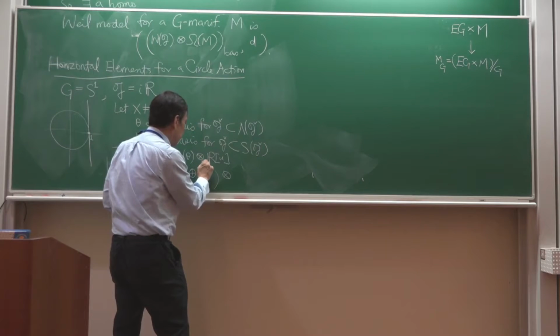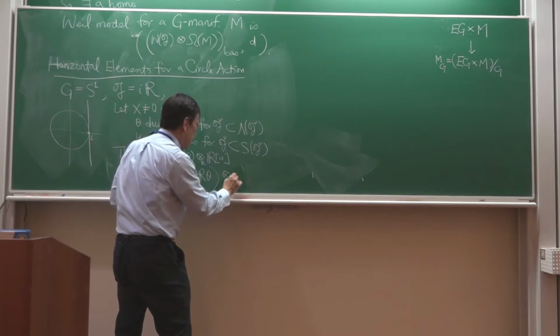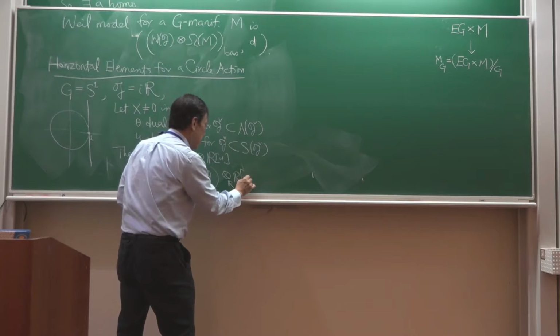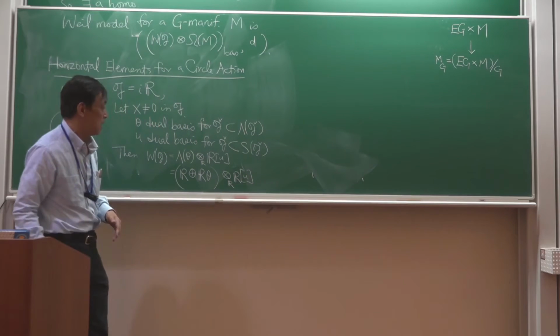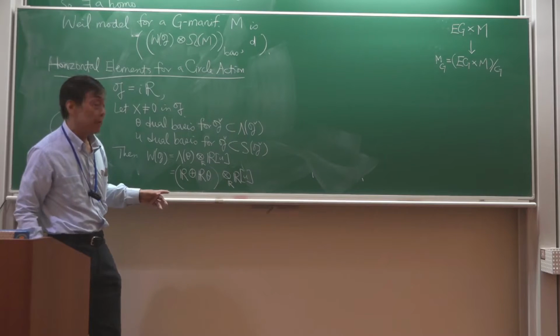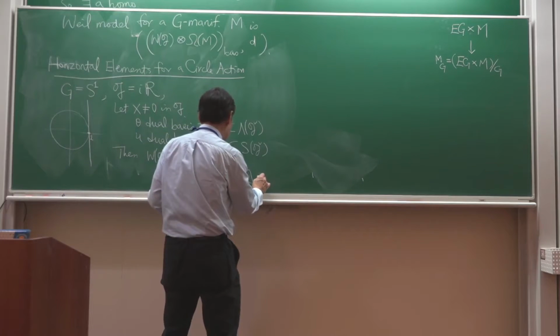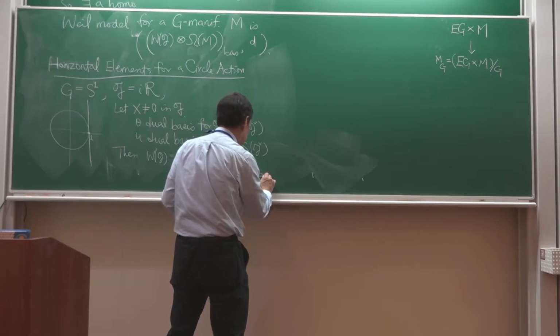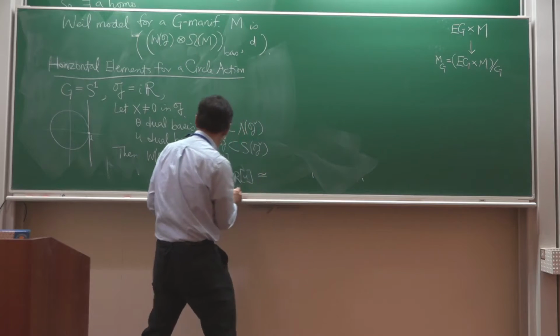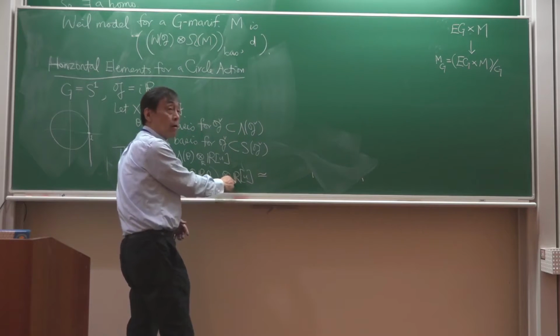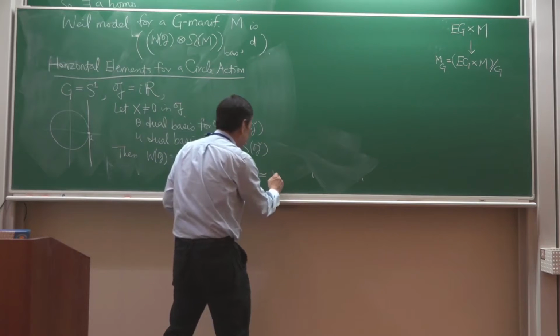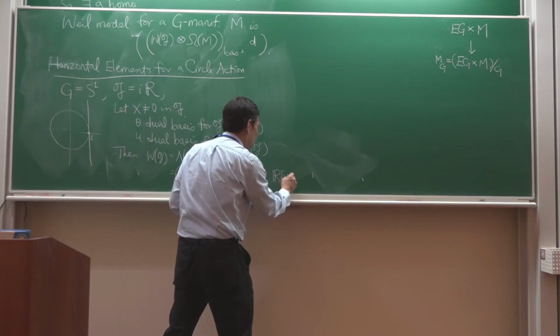And we're taking the tensor product over R. And so R tensor R of u is R of u. So we get R of u.